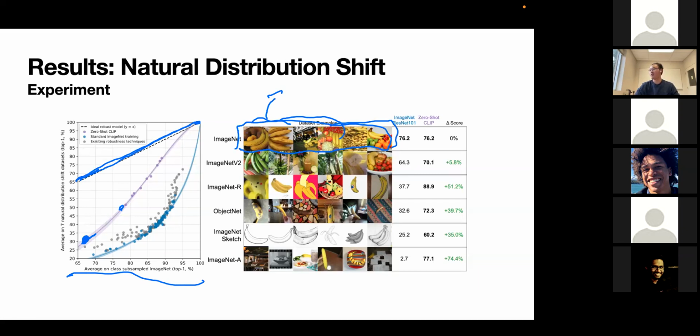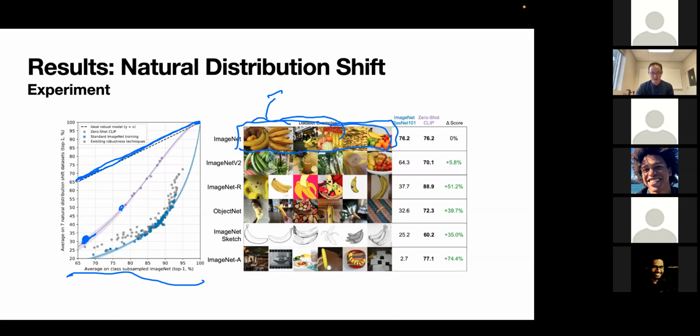It should be linear, because ideally, as we increase the training data, the performance will increase linearly: more data, better performance, right? But the real case is not that.